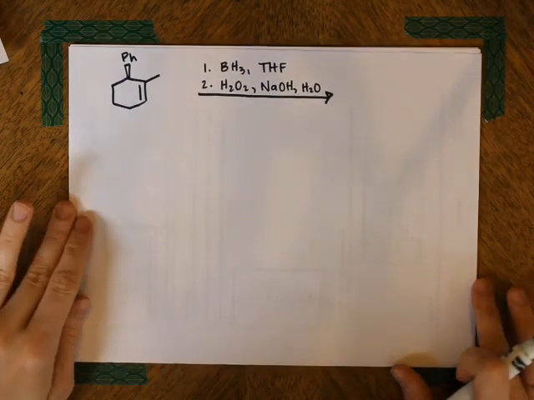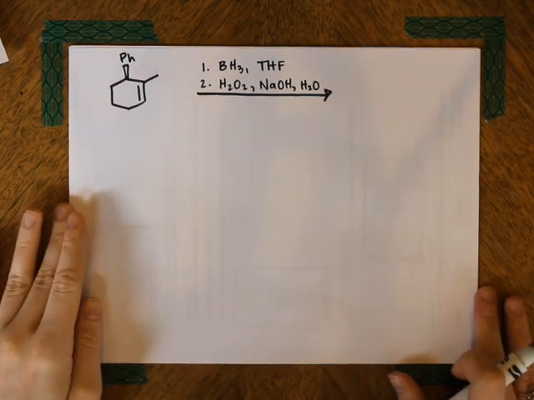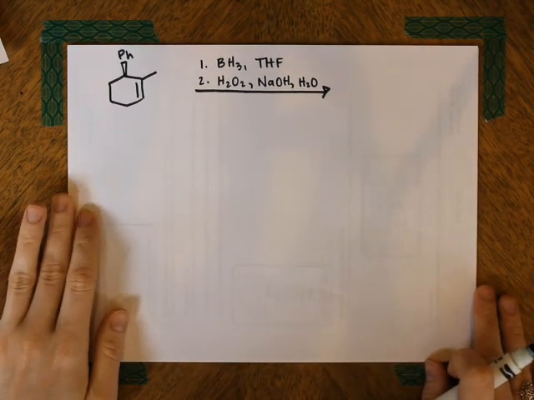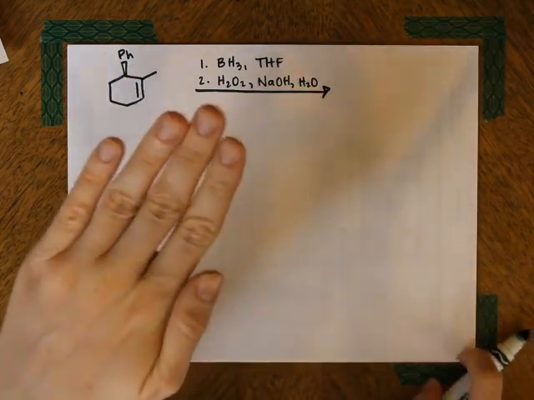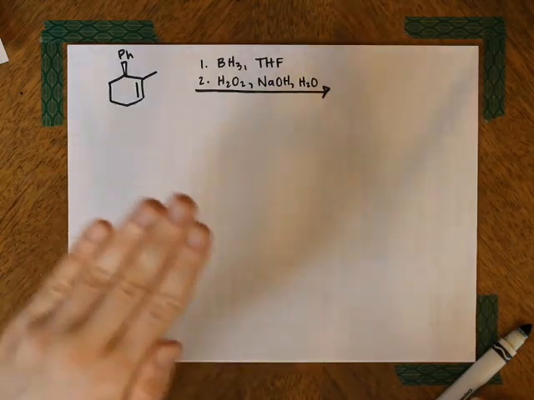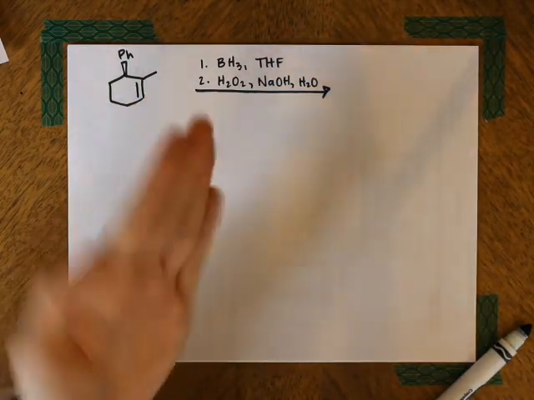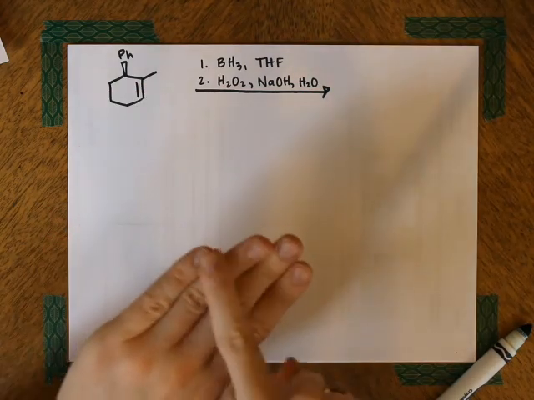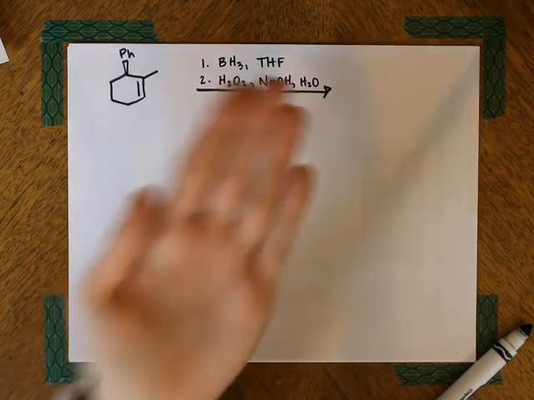So the first part, BH3 with THF. What we need to know is just like what we talked about in recitation, alkenes are planar. They can approach something from one face or the other face. I can't simultaneously hit something with an alkene on maybe my palm and this part of my hand, like the fingernails. It's either got to hit this way or this way.